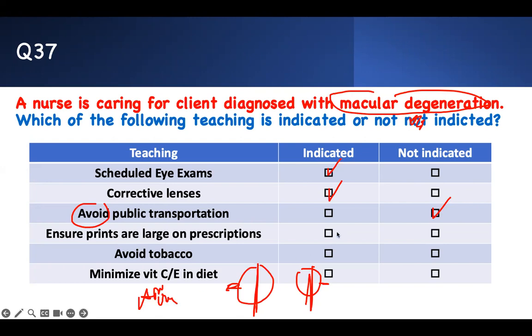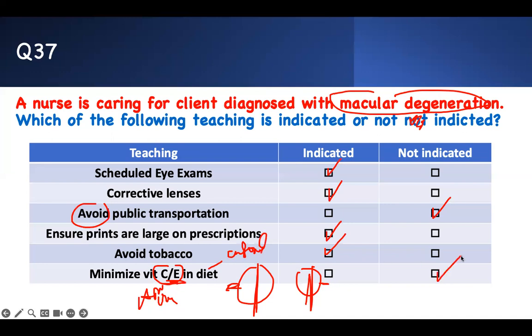Ensure prints are large so that they can see better on their prescription. They should avoid tobacco because tobacco is a risk factor. Minimize vitamin C and E? They should take antioxidants, basically, and C and E are antioxidants. They should not minimize them.